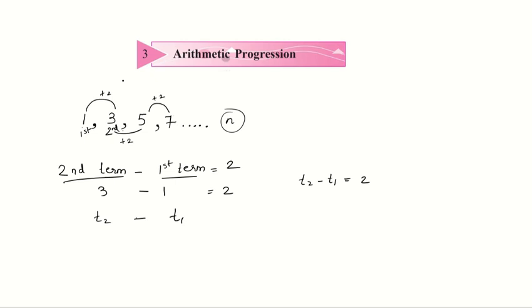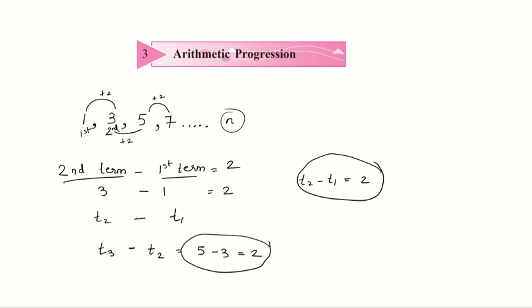In the same way, T3 is 5, term 3 is 5, third term minus second term is T3 minus T2, that is 5 minus 3, which is equal to 2. So in this way we are getting the same constant difference. If the difference between two consecutive numbers is constant, then the sequence is called an arithmetic progression.